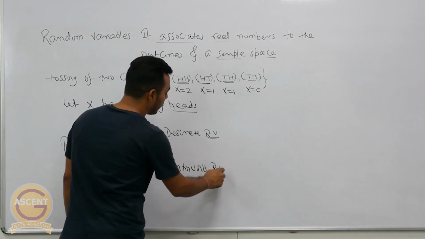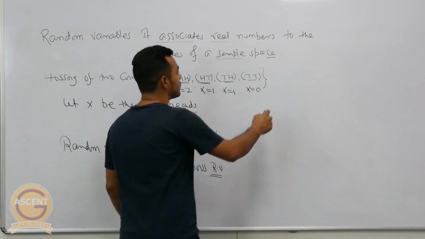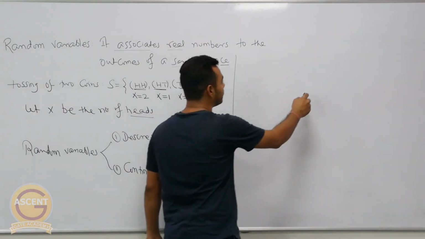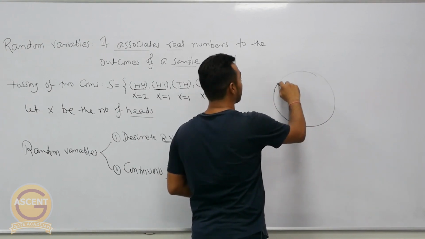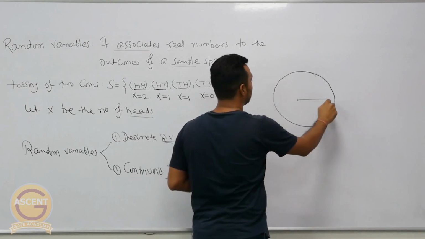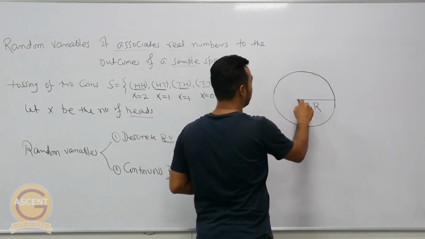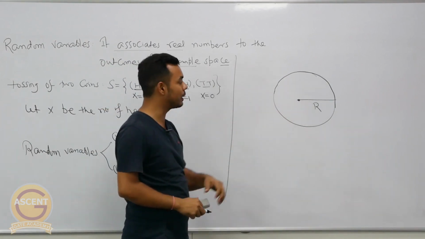Now the second type of random variable is the continuous random variable. With the help of one example, we will see the meaning of this. Suppose I have a circle and the radius of this circle is r units. Our experiment is that we are randomly selecting any point inside this circle.